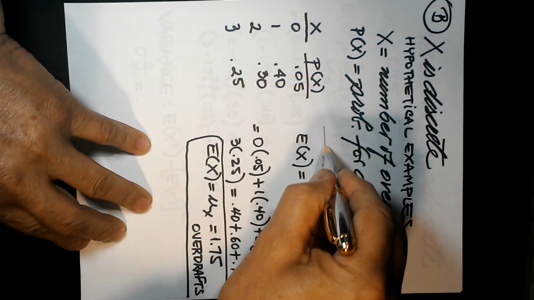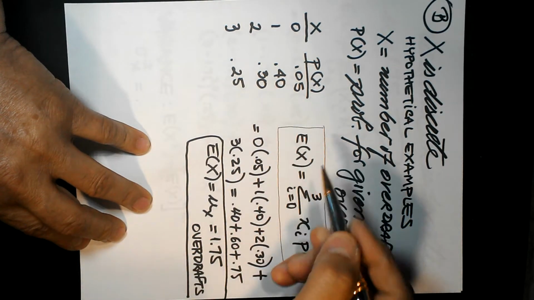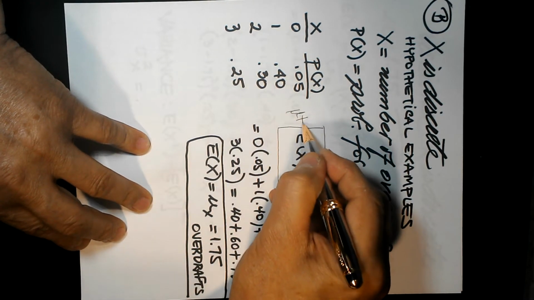This is how we find the expected value of x for a discrete random variable. This is going to give the mu of x.